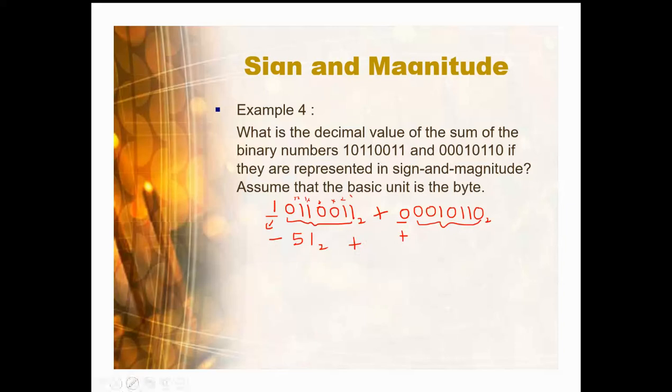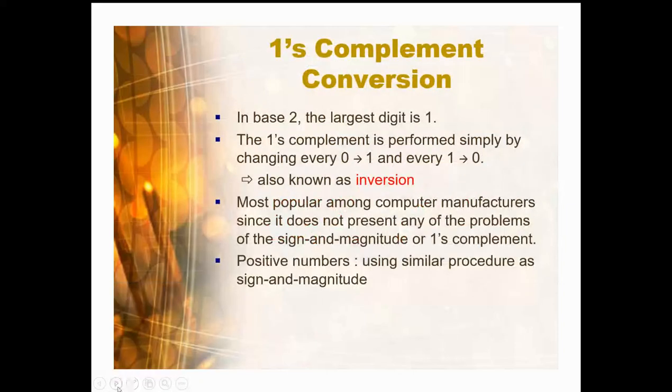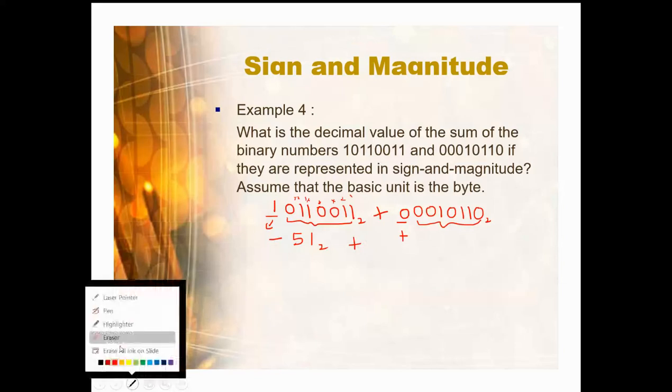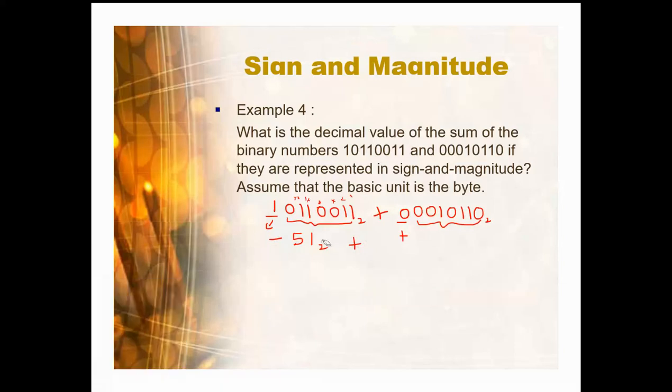Nanti saya padam. Takut dia keliru pula. Okay, so positive, so you have 1, 2, 4, 8, 16. So 16 plus 4 is 20. 20 plus 2 is 22. So it is with positive 22.